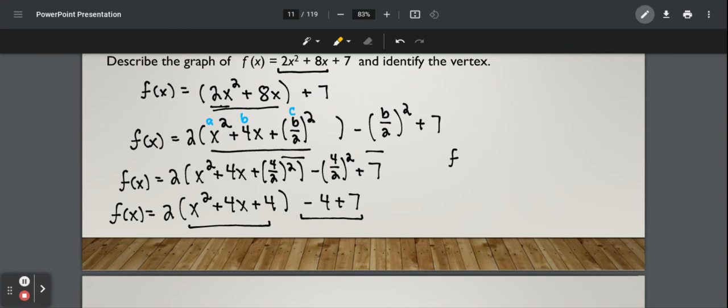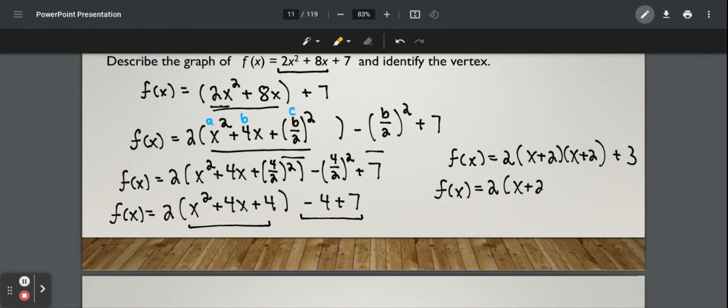So what happens then is we need to factor that. And if you factor a perfect square trinomial, it factors into x plus 2 times x plus 2, and then you have plus 3, which you could write as 2 times x plus 2 squared plus 3.